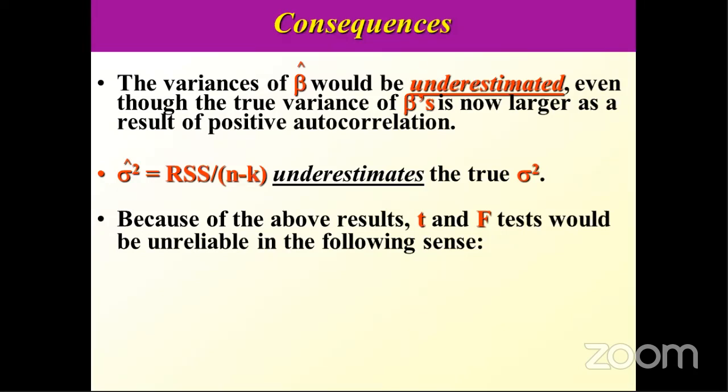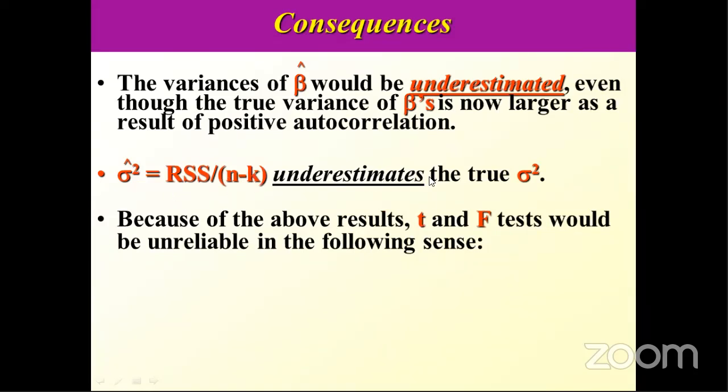Because of this underestimation of the variances of the OLS estimators, the true value of the disturbance term variance, sigma square hat, is affected. This sigma square hat refers to the estimated value of the variance of the disturbance term. The variance of the disturbance term is estimated by making use of this formula.